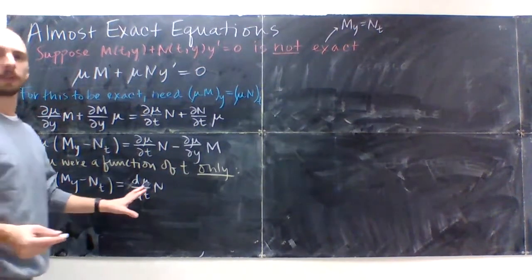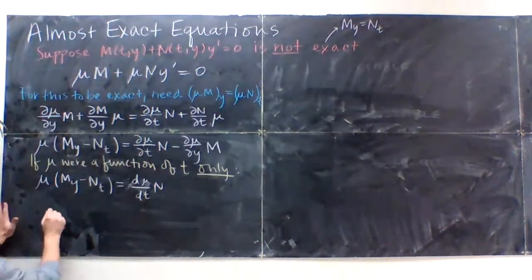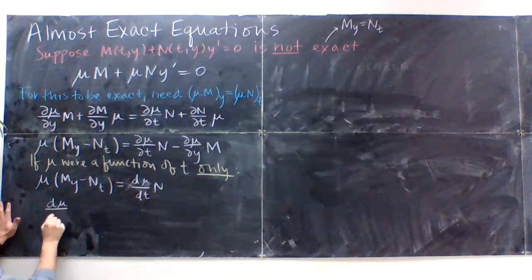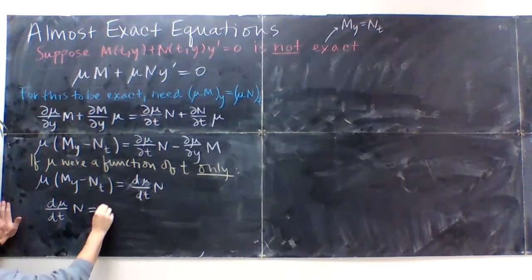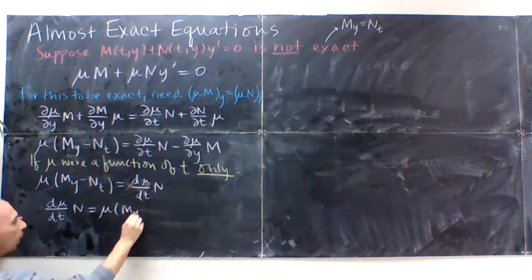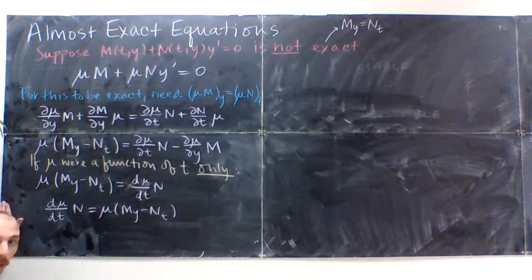Okay, this is the type of thing, it doesn't look as separable when I don't write it as d mu dt times n is equal to mu times my minus nt. And maybe that doesn't look separable to you even now, okay?